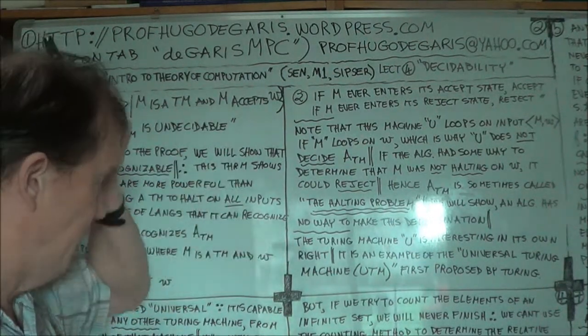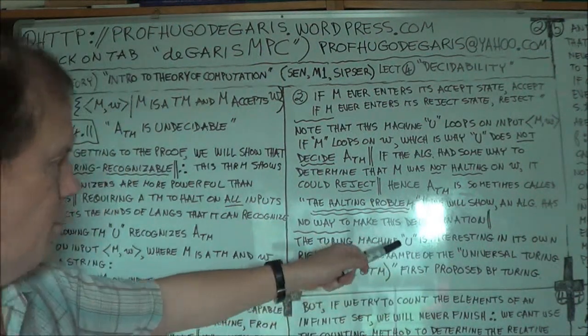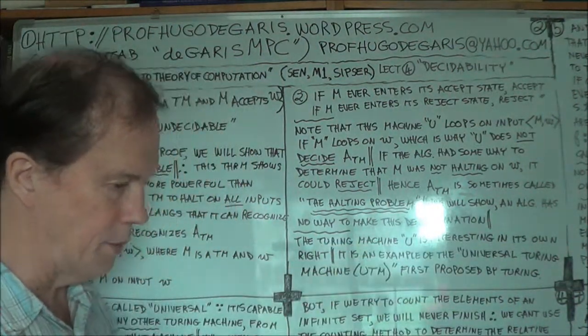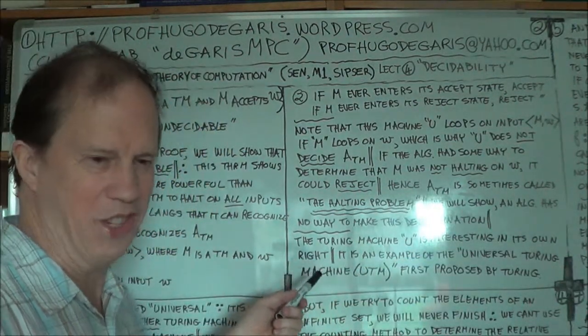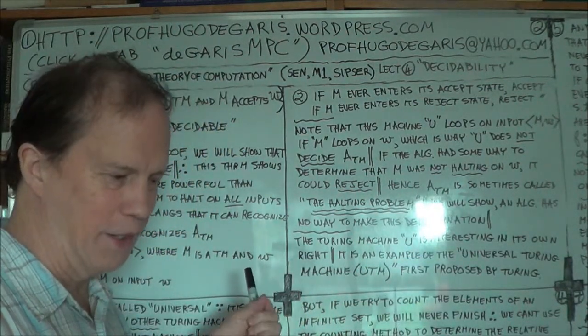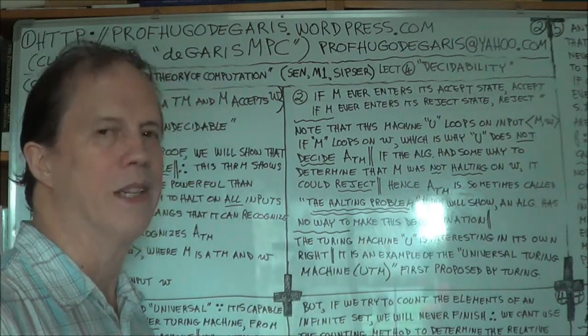Now this Turing machine, U for universal, with comment by Sipser: he said it's interesting in its own right. Well, it sure is. In fact, I'm feeling rather antsy that he devoted so little attention to it.